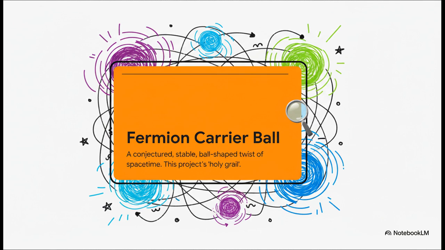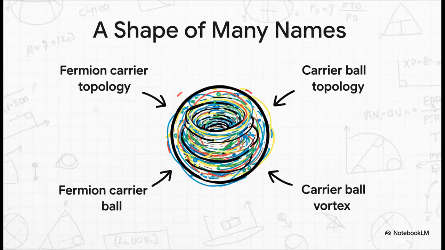If they can figure out how to create one of these, it could literally be the fundamental building block for simulating matter itself. It would be the digital version of a basic particle. And you know something's a big deal in the science world when it has this many different names. Fermion carrier, topology carrier, ball vortex, whatever you want to call it, they're all talking about the same thing. That one elusive, stable little structure that could change everything.